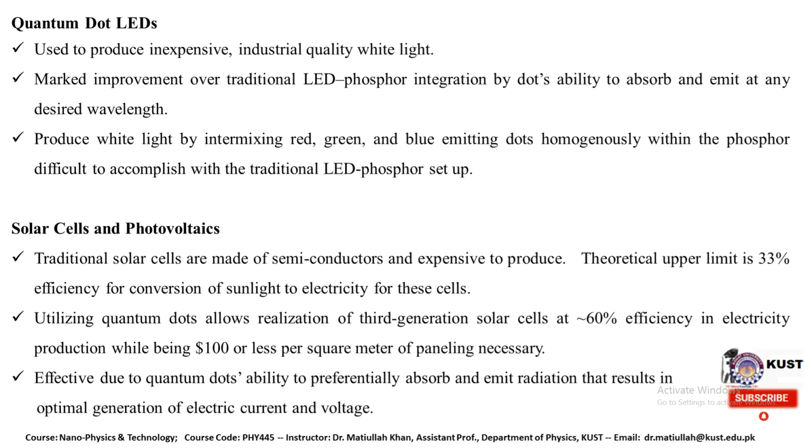The first thing is quantum dot LEDs, light emitting diodes made from quantum dots, which have a very interesting application. These quantum dots are especially used to produce inexpensive, industrial quality white light. Another advantage of such materials is that they improve on traditional LED phosphor integration through the dots' ability to absorb and emit at a desired wavelength, because their light has a very narrow wavelength, often like monochromatic light.